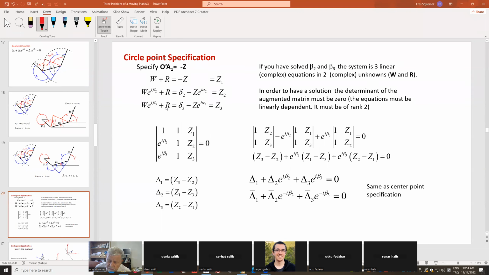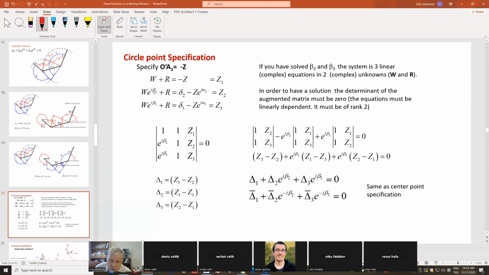W e to the i beta 3 plus r is equal to delta 3 minus z e to the i alpha 3, which is equal to z3. Again, I have three complex equations in 6 scalar unknowns: 2 complex unknowns and 2 scalar unknowns, beta 2, beta 3, w and r. In a similar fashion, if I know beta 2, beta 3, these two equations will be linear in terms of w and r.